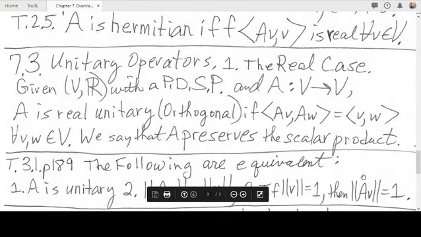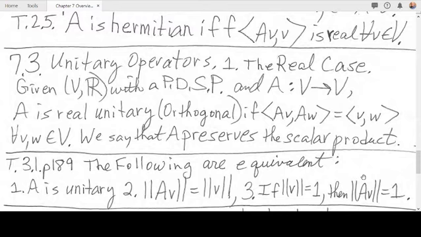Given the vector space V over the scalar field of real numbers with a positive definite scalar product, and given our operator A, we say that A is real unitary, or simply orthogonal, if the scalar product of AV with AW equals the scalar product of V with W for all V, W. We say that A preserves the scalar product.